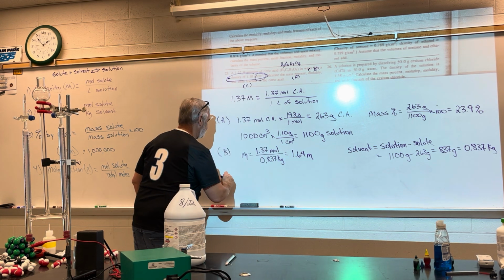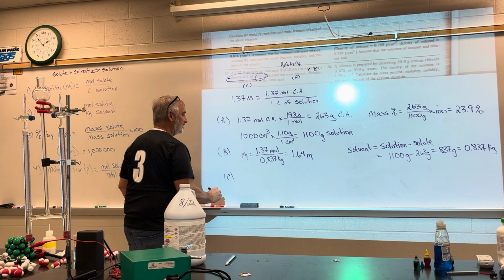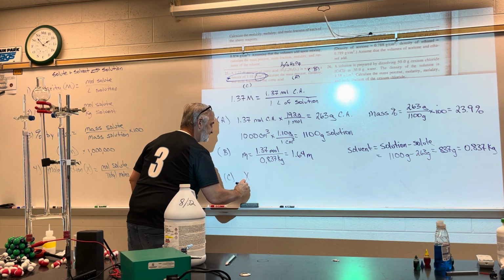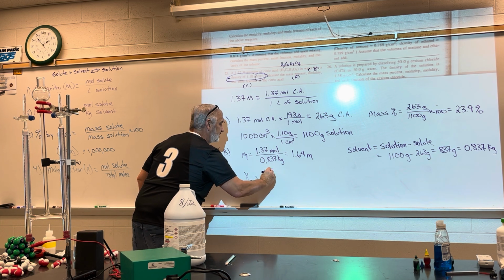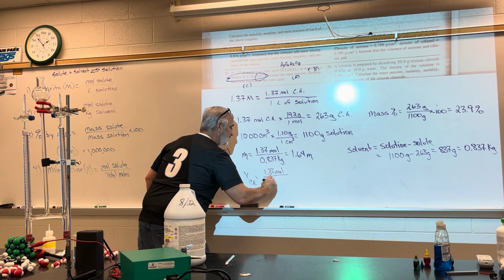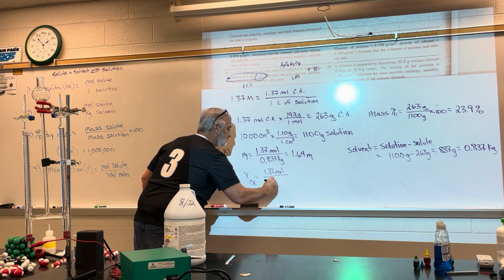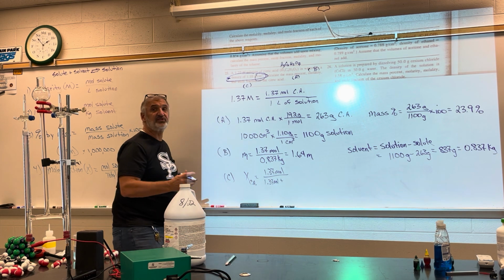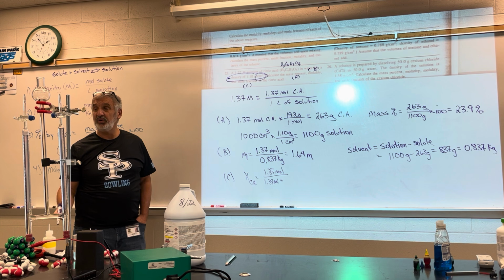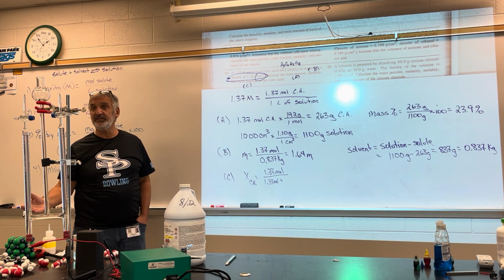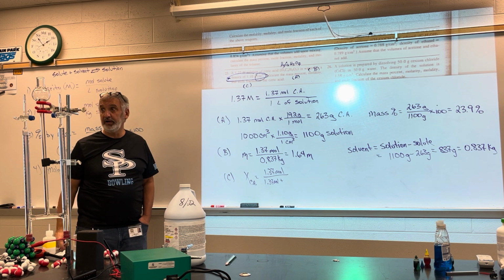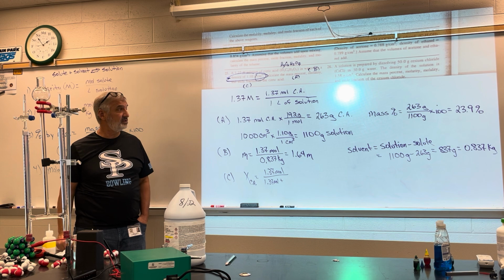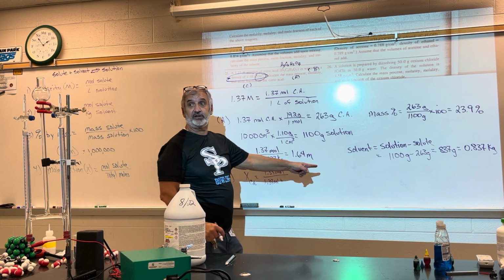And then lastly, C is the mole fraction. Well, I already know that's X of citric acid. The X is 1.37 moles, and it's going to be 1.37 moles plus the moles of solvent. Well, how do I find moles of solvent? What's the solvent here? Water. Do we know how much water there is? 837 grams, right?